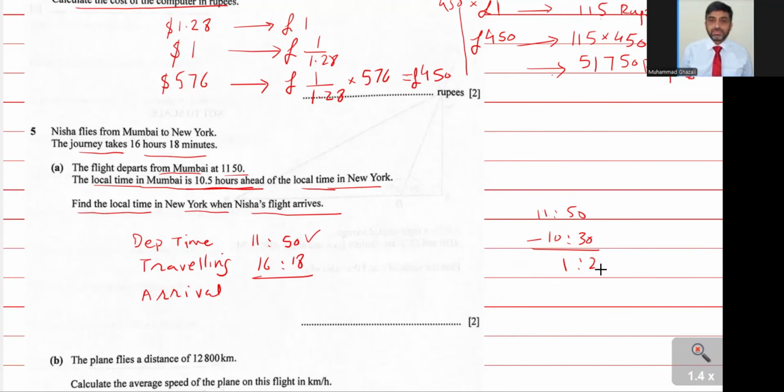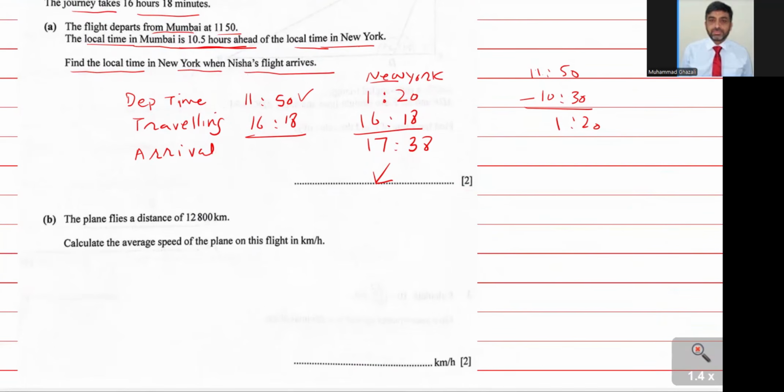We get 1:20. Therefore, in New York, the time will be 1:20. This is the New York departure time. And after this, we will add the traveling time. Then we get 17:38. This time is the arrival time in New York, and this is the answer. Part B: the plane flies a distance of 12,800 kilometers. Find the average speed of the plane in kilometers per hour.